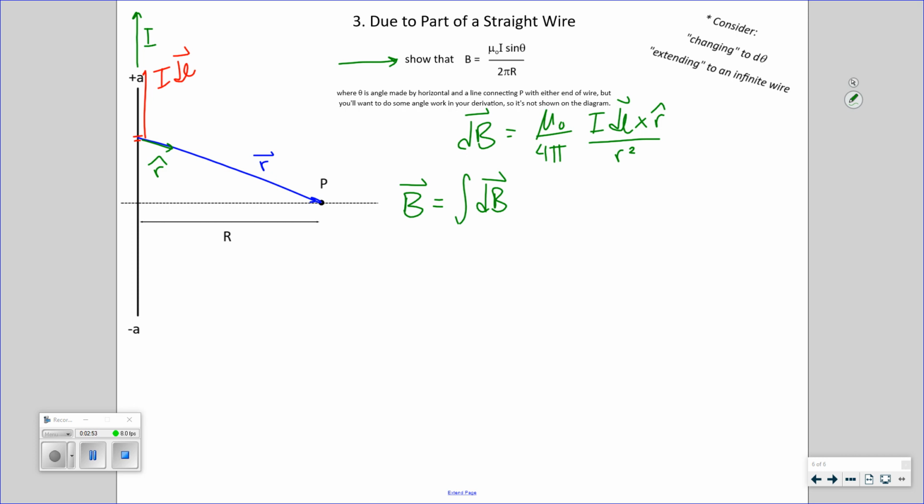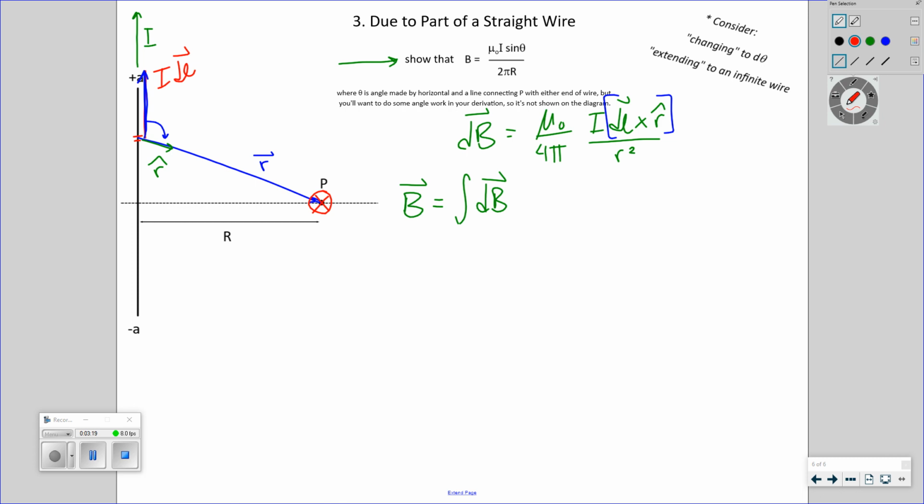Right-hand rule application of dl cross r hat says fingers in direction of dl, which means fingers upward. Curl those fingers of your right hand toward r hat direction, and we get the direction of the field at point P, our location of interest, and that direction is inward.